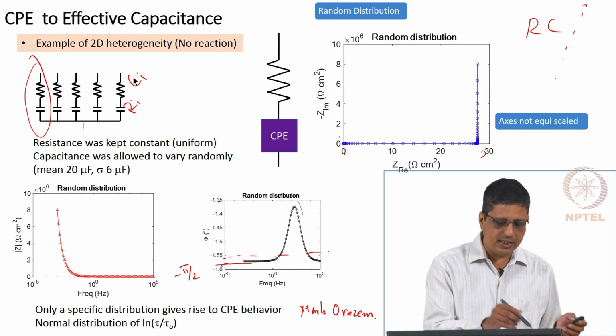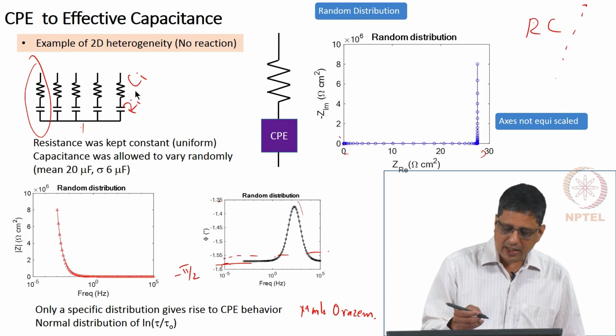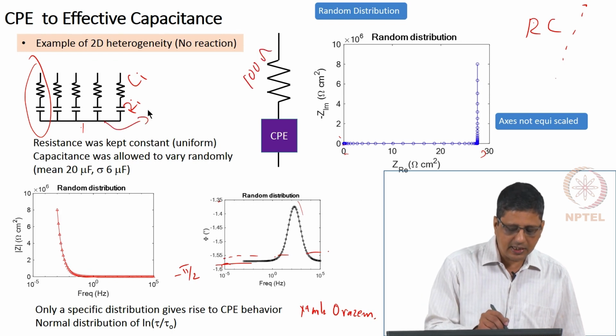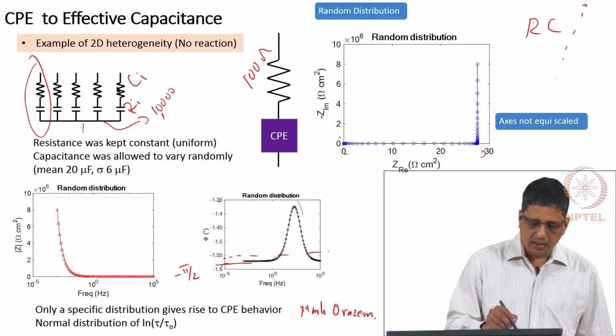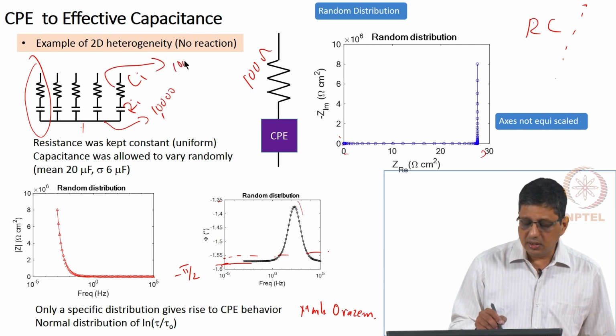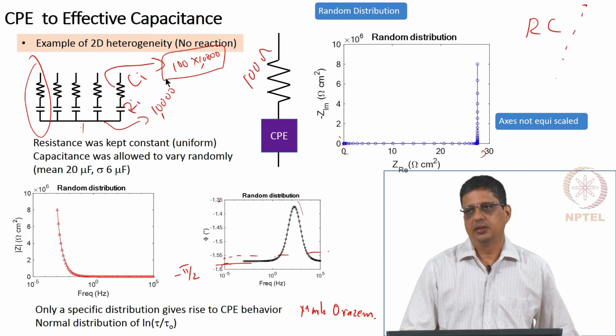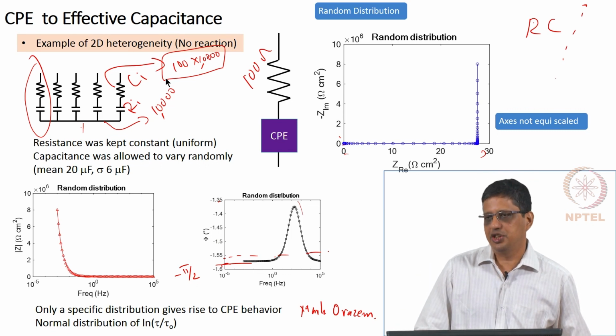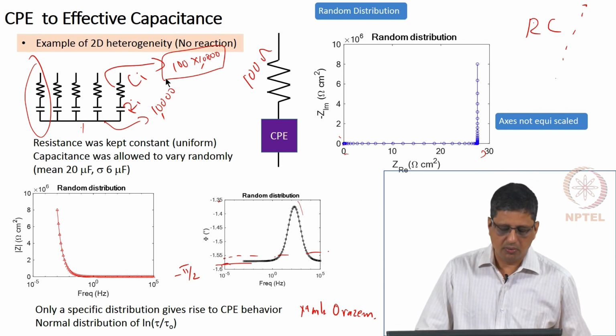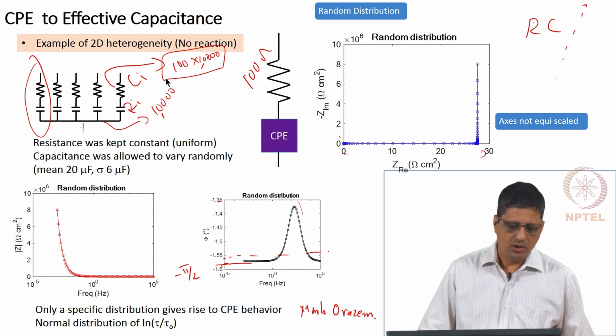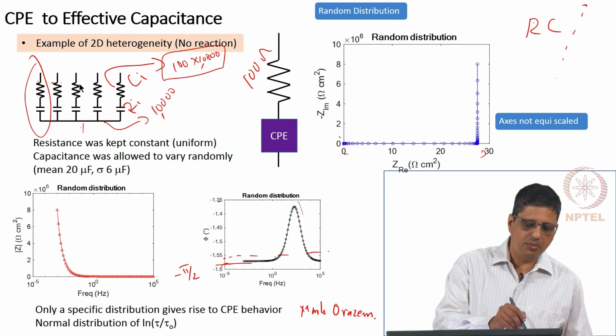If this is the value, let us say this is 100 ohm and I have taken, in this example, 10,000 such elements, I would start with 1 mega ohm for each. So, this is 1 mega ohm, this is 1 mega ohm and so on.